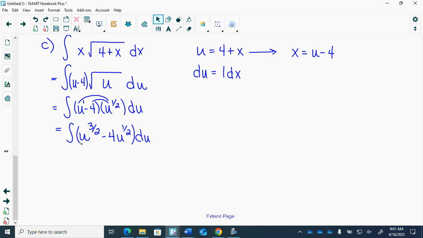All right. So, what's the reverse when I add 1 to 3 halves? What do I get? 5 halves, and then I divide by 5 halves, so I get 2/5. Minus 4 u, add 1 to 1/2, I get 3 halves, and then I divide by 3 halves, which is like multiplying by 2/3.